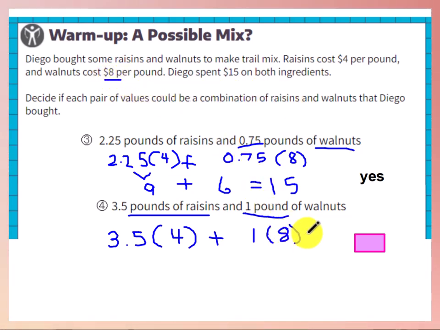And let's see if we get 15. 15 is our constraint. So 3.5 times 4 is 14, plus 8 times 1 is 8. 14 plus 8 is not equal to 15. That's equal to 22. So that's going to be a no.